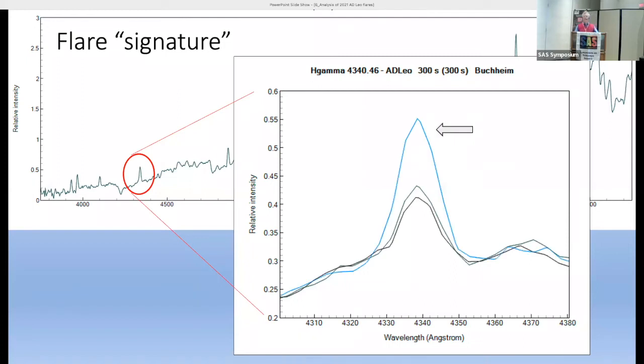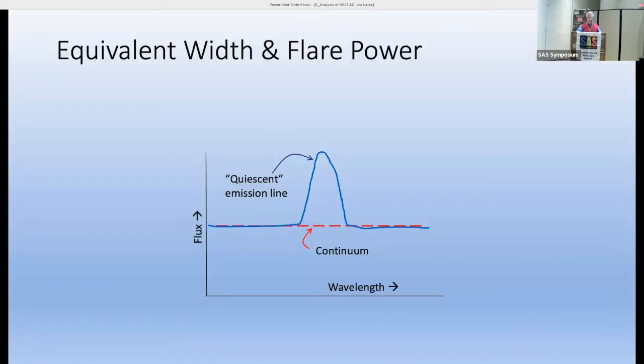And that increase in emission line strength grows and finally peaks, often within 3 or 4 images, so 10, 15 minutes. And then it starts to fall back again, and eventually, in the fullness of time, returns to the quiescent level. So we characterize that event by the equivalent width of the emission line as a function of time.